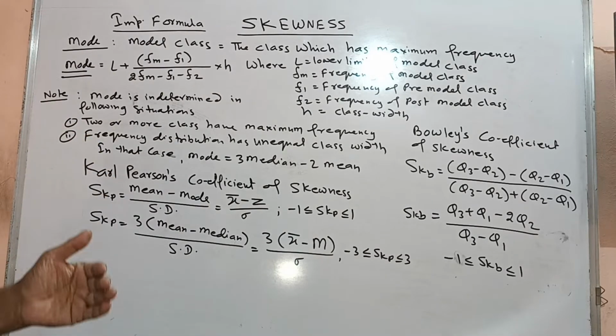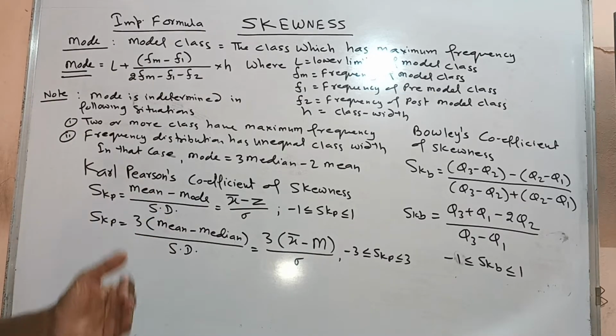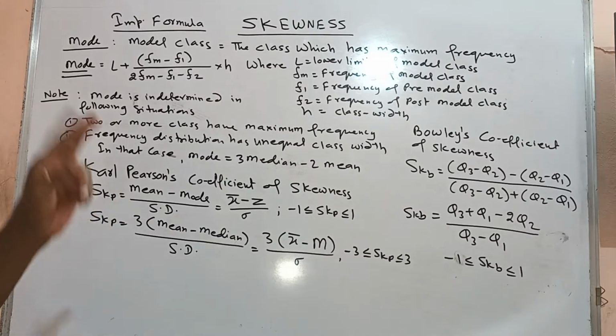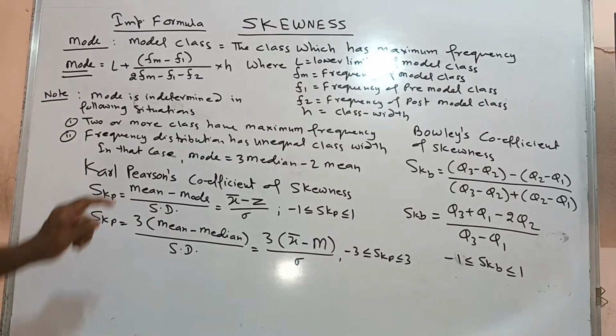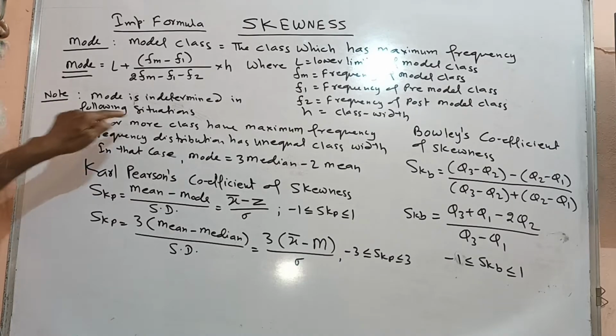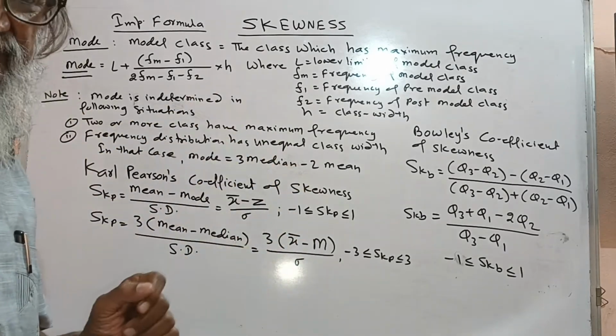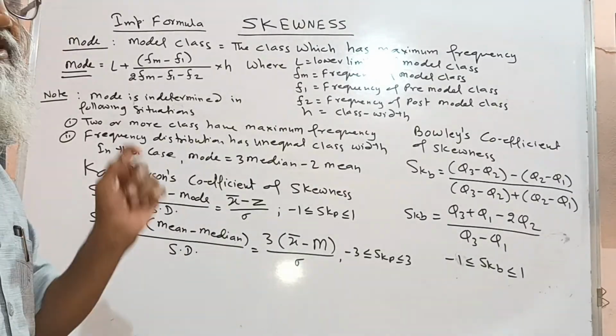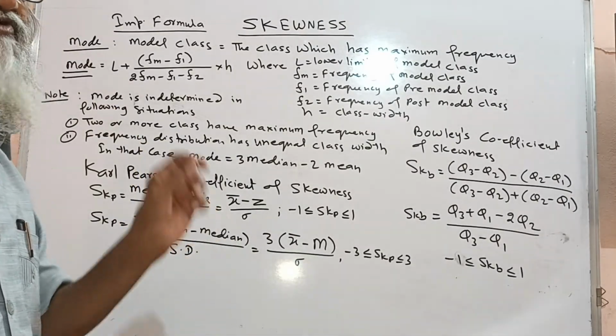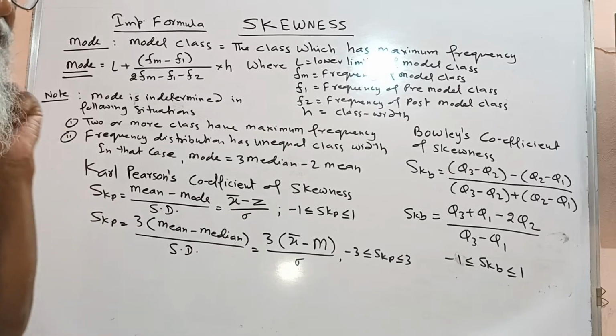Sometimes it may happen that you may not be able to find the mode. That happens only in two cases. One case is when two or more classes have maximum frequency. That time it becomes difficult to decide which one to take as the modal class.